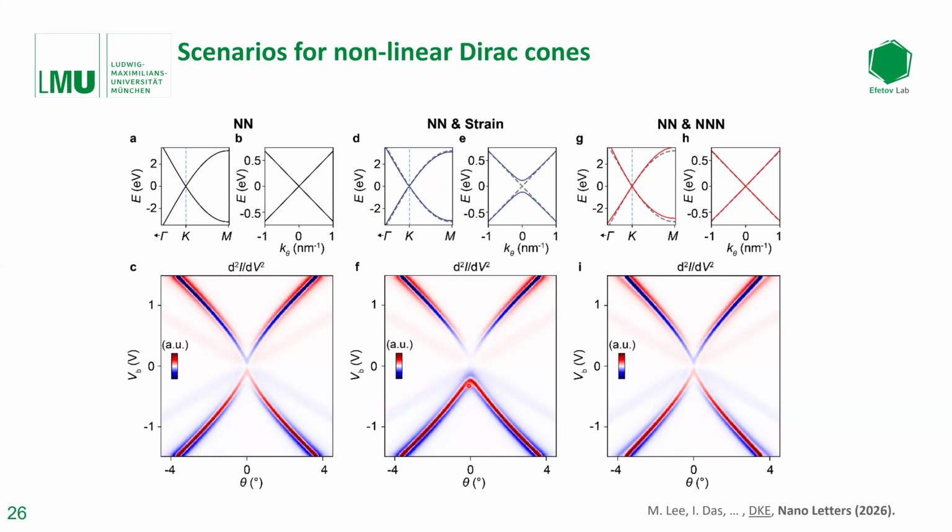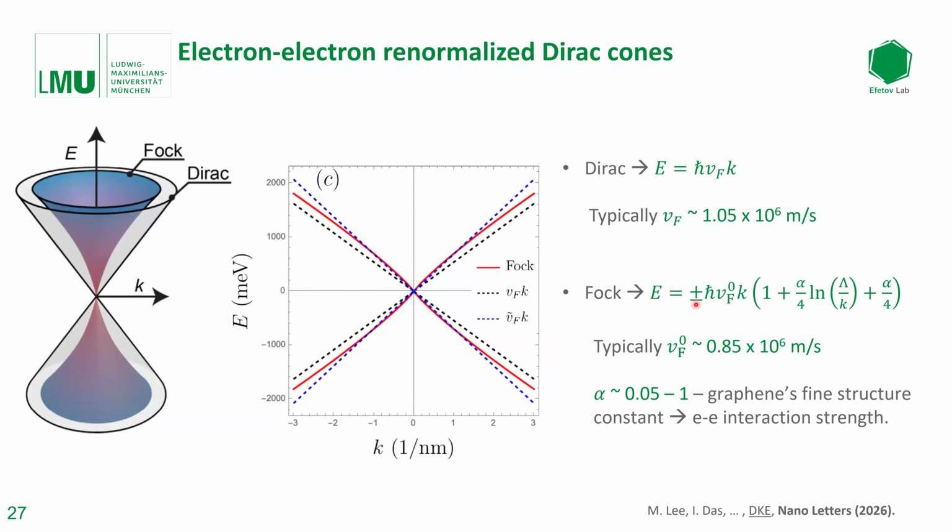And basically, this was giving us some sort of gapped structure. However, it would not give us these splittings. And last but not least, we also considered next nearest neighbor hopping, because it was also reported to give some nonlinearities in the past, but this also did not seem to match our findings.